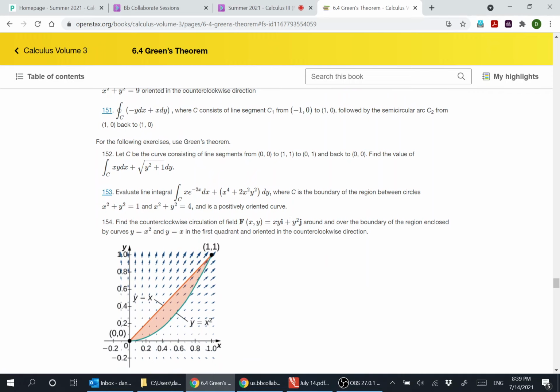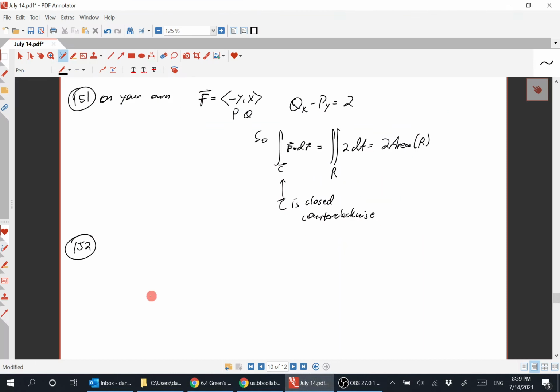So let C be the curve consisting of line segments from 0,0 to 1,1 to 0,1 and back to 0,0. So this is the line y equals x right here, and this is all counterclockwise.